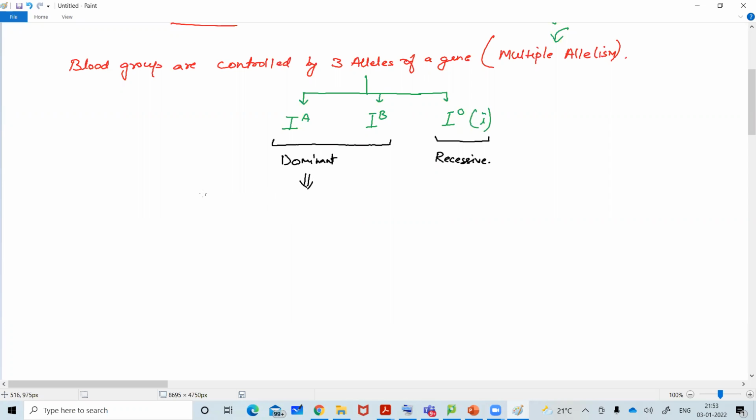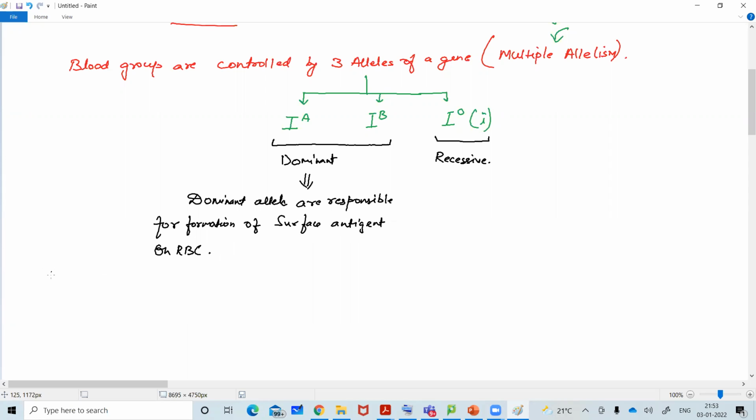So you can say here that dominant alleles are responsible for formation of surface antigen. And we know that there are two types of surface antigen, antigen A and antigen B, on RBC.